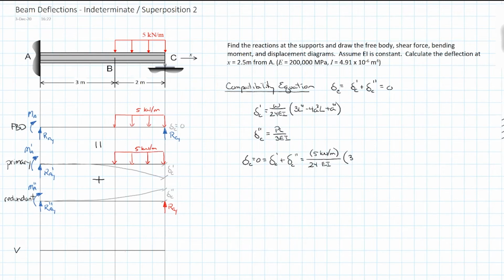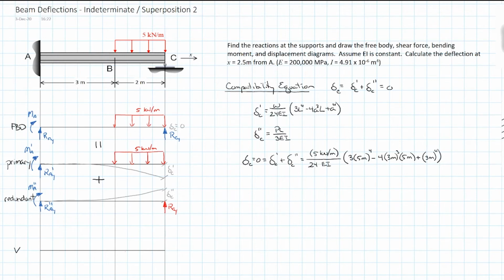And that's 3 times 5 meters all to the 4th minus 4 times 3 meters cubed times 5 meters plus 3 meters all to the 4th. And so that's the partial uniformly distributed load.